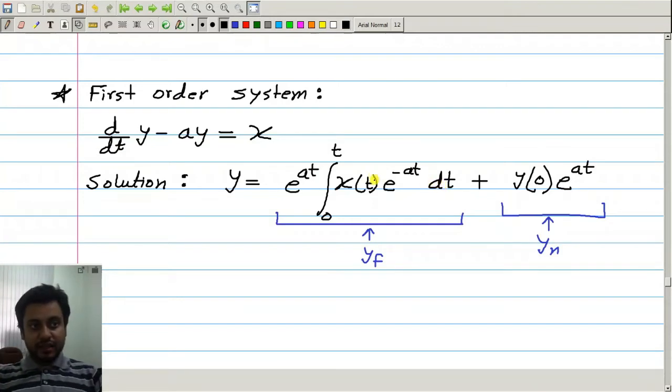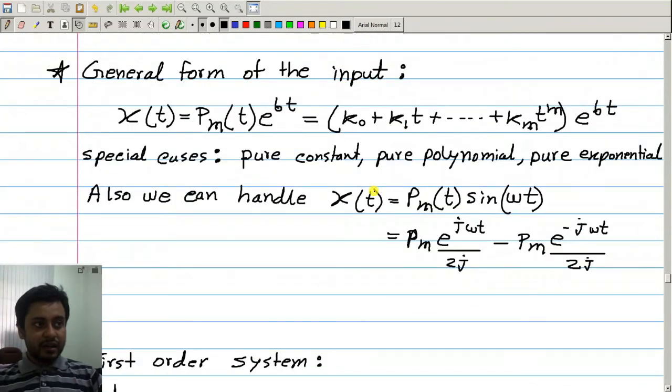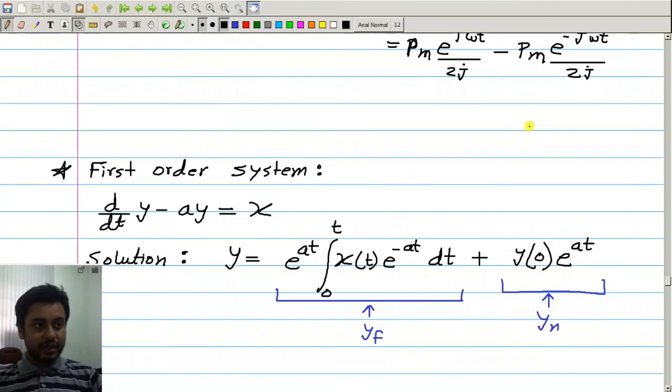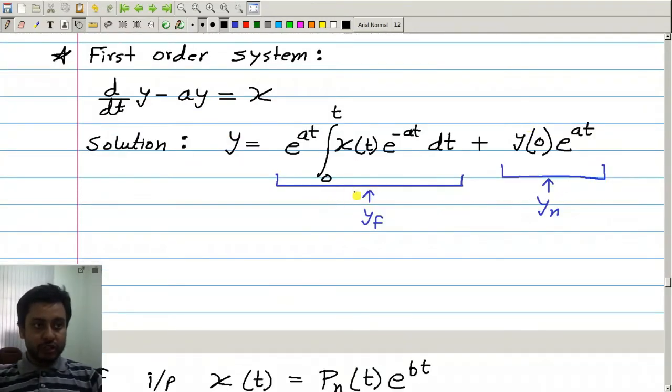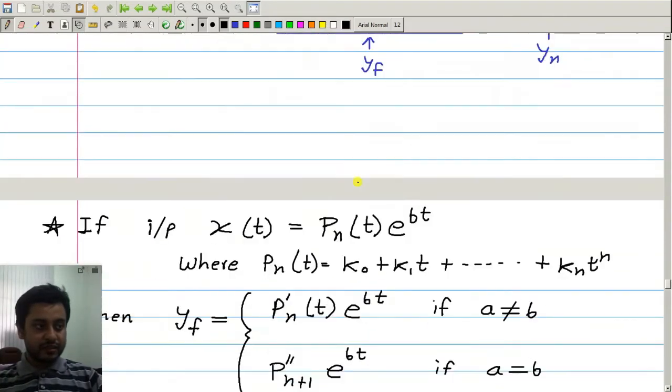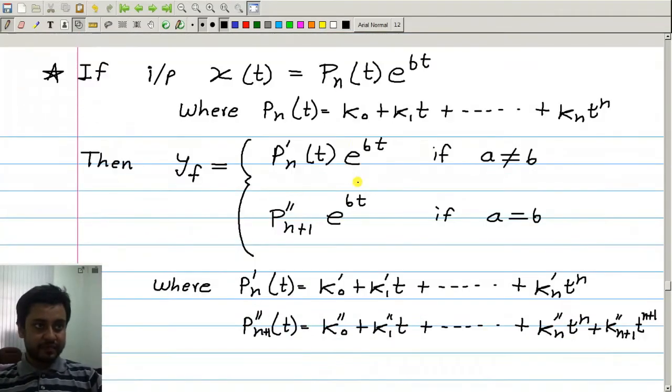Then if we take this particular form of the input, then this forced response can be simplified like this. So this is the form of the input.